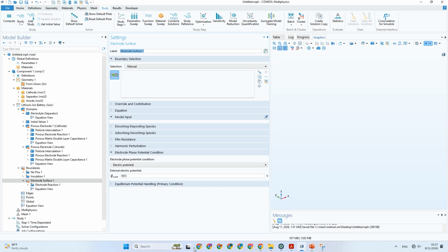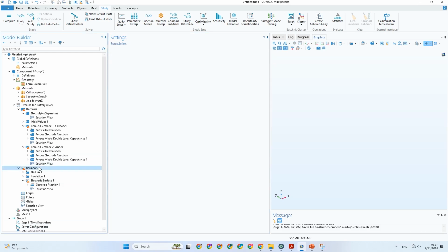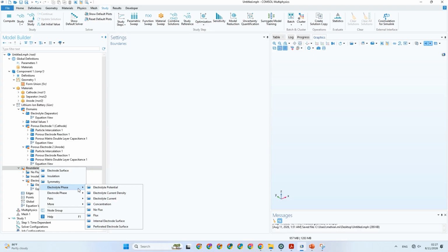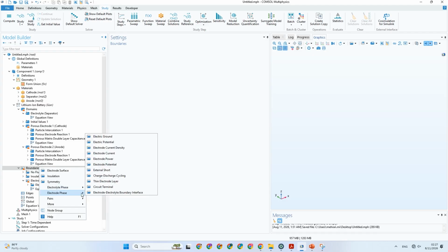We can add electrode surface, and we can add electrolyte, for example, electrode current or current density.